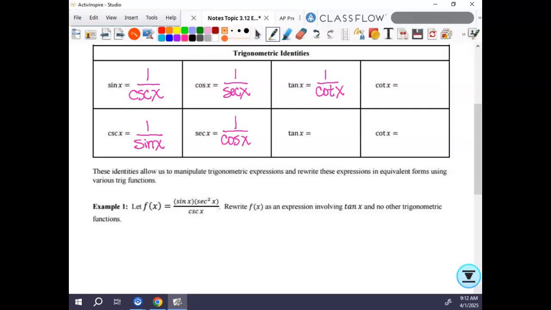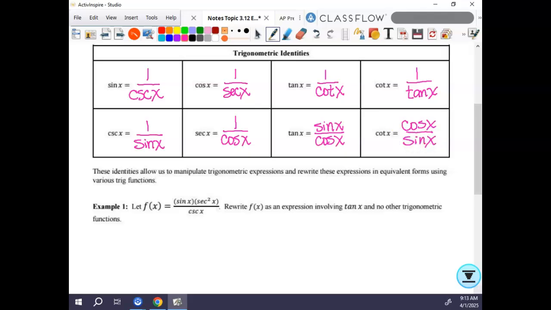Sine over cosine. So tangent x I can also write as sine over cosine. We learned that day one when we did the unit circle. Cotangent x then we can write as 1 over tangent x. Or since cotangent is the reciprocal of tangent, I can take the reciprocal of this one and get cosine x over sine x.